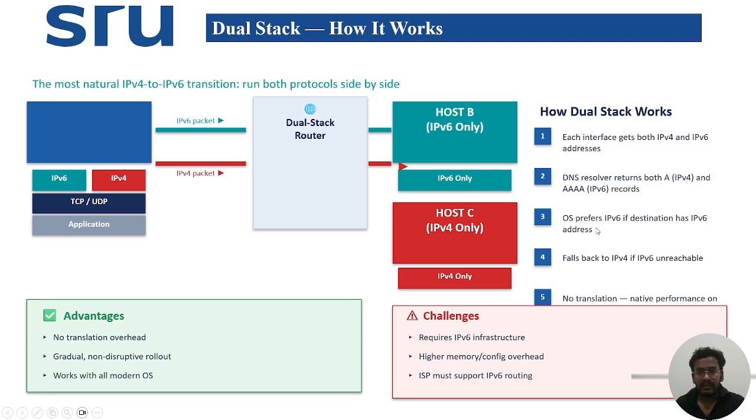Then the OS prefers IPv6 if the destination has IPv6 addresses. Then it falls back to IPv4 if IPv6 is unreachable. In case of any failure in IPv6, it goes back to IPv4. So no translation, native performance.